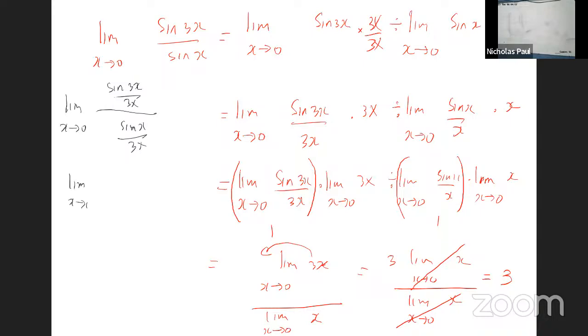The limit as x approaches 0 of sine 3x on 3x all over the limit as x approaches 0 of sine x on 3x. But instead of writing 3, you could factor the 1/3. So this here is 1, this here is 1. So it's 1 over 1/3 by 1, which is 3. Right? So that's a little bit shorter, right? So you could also use that as well.